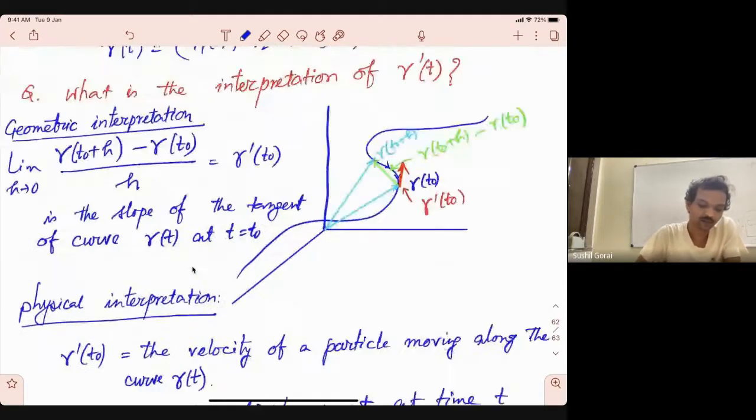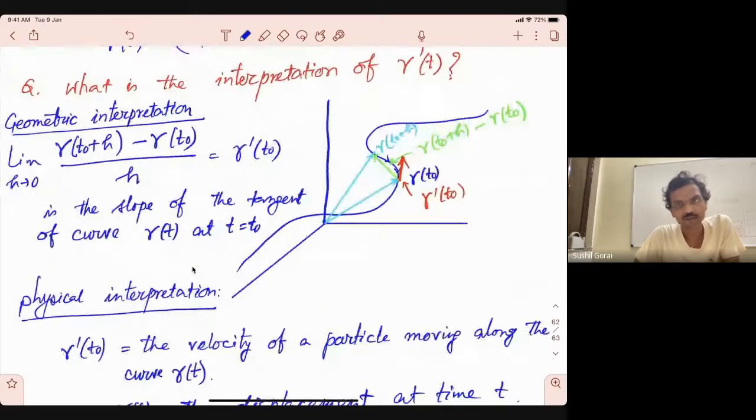Physical interpretation you have already seen, and geometric interpretation you might have seen also. So does this make sense?